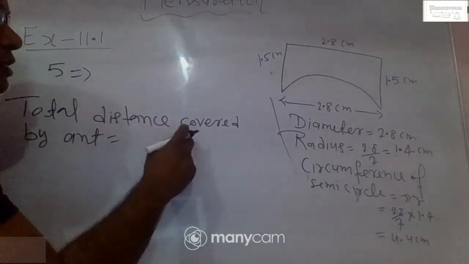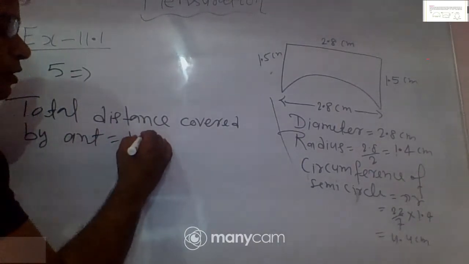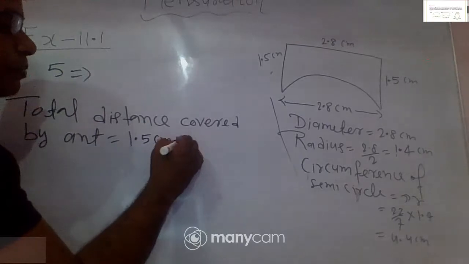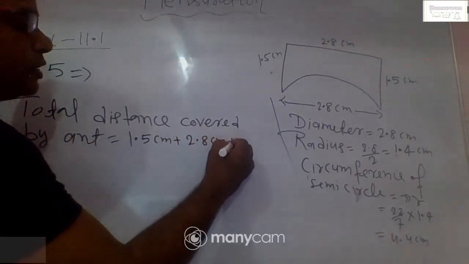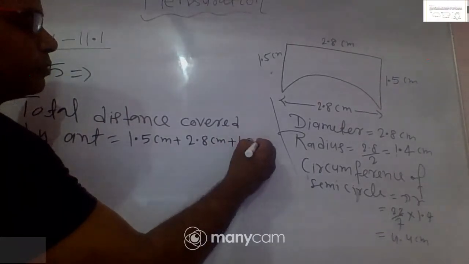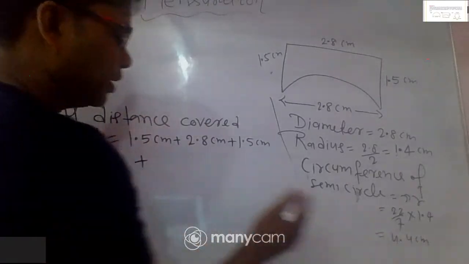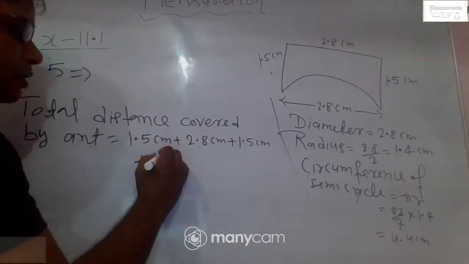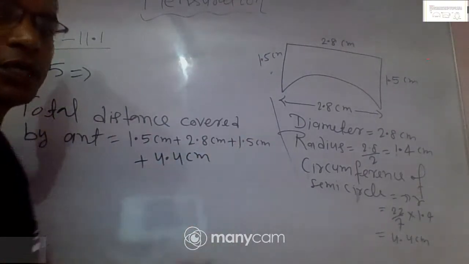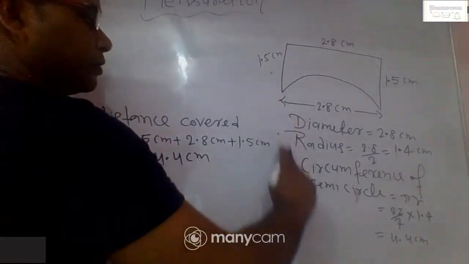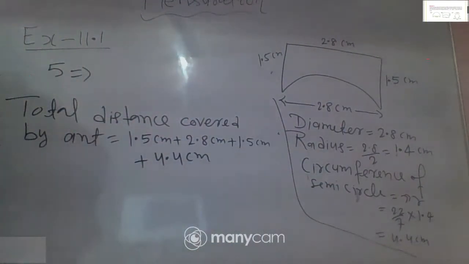So we find here the total distance covered by the ant is 1.5 centimeter plus 2.8 centimeter plus 1.5 centimeter plus 4.4 centimeter.